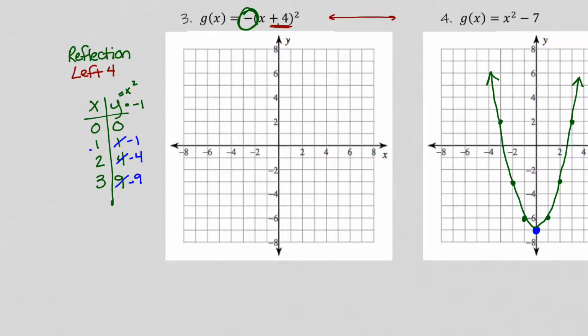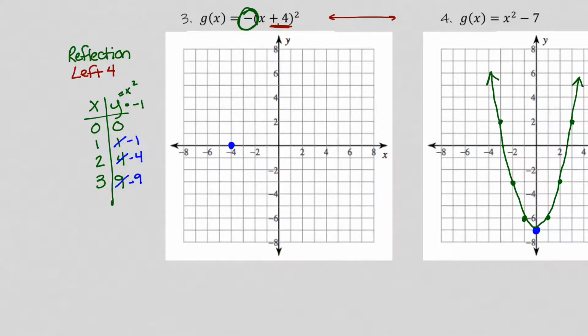All right, so these will be the way I plot things now. Let's first plot our left 4. My vertex is no longer at 0, 0. It went over 4 places. Remember, the vertex now is our 0, 0 in our chart. And then the next point, I go left or right 1, and that minus means I go down 1.